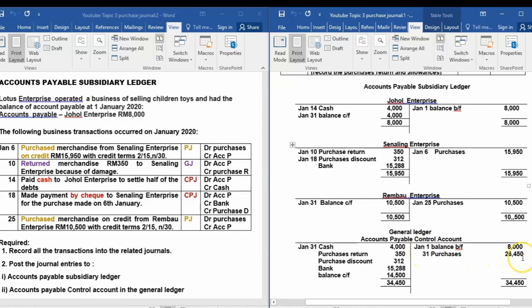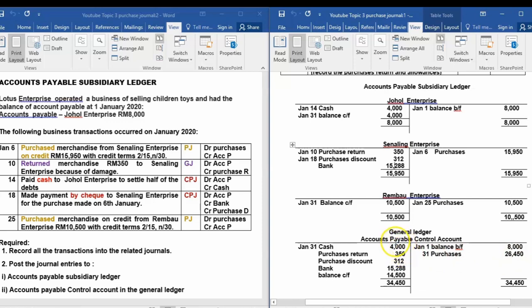The amount is 26,450. You get the amount from Senali Enterprise 15,950 plus Rembau Enterprise 10,500. Then you will get the total purchases from the suppliers, 26,450.